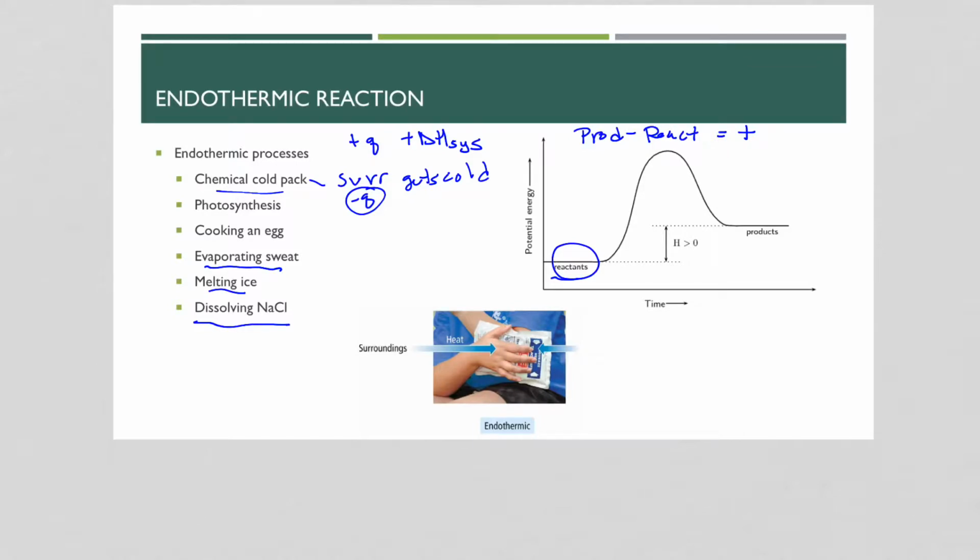That takes energy. And so that energy comes from absorbing heat from the surroundings. And so dissolving things will require energy. So, in other words, we're absorbing energy over the course of the reaction. So our products end up with more potential energy than our reactants. So endothermic.